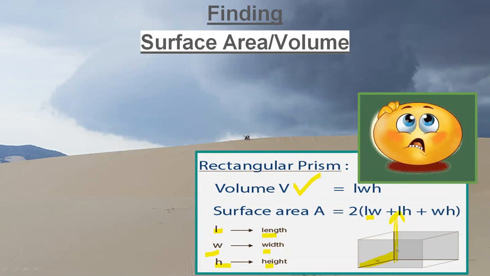Okay, and what about this? It gives you always the length. This length. Look at here, this, or you can say this one or this one. It's a length. Okay, so first you have to note down these three values and write which is L, which is width, which is height. And once you have found them, put them inside the formula.